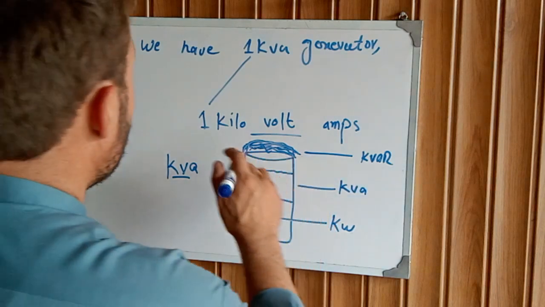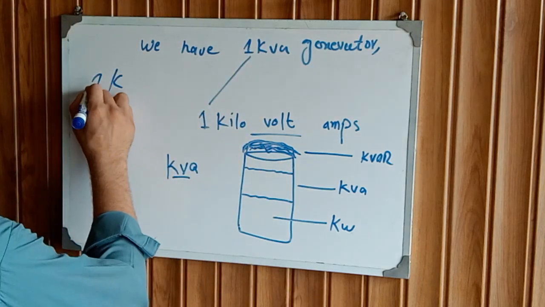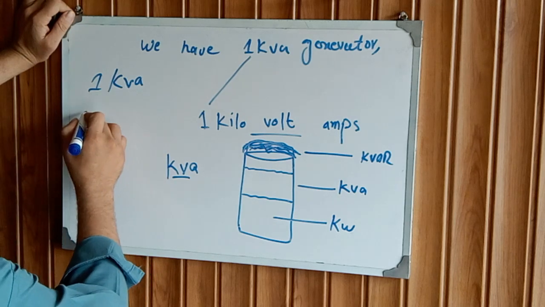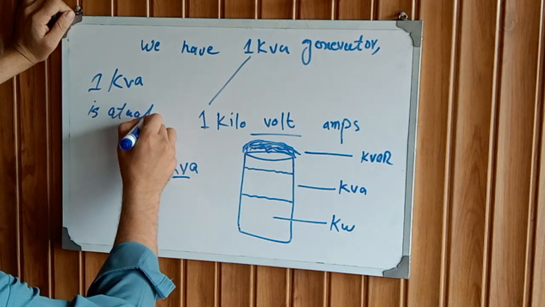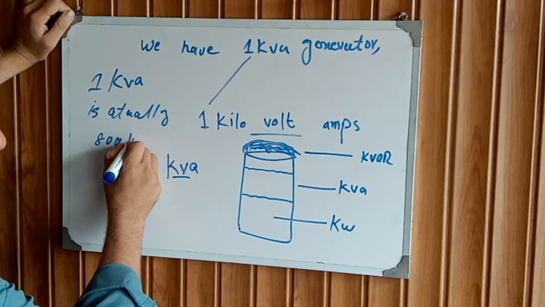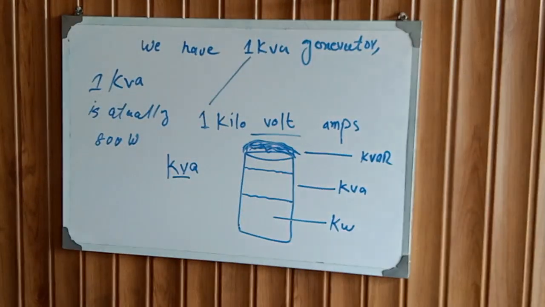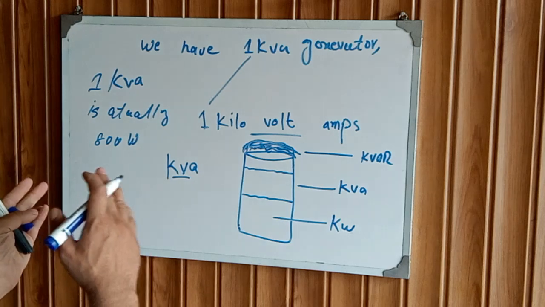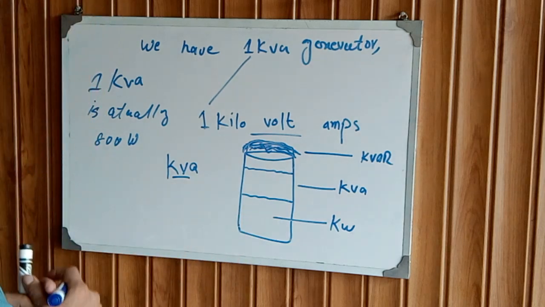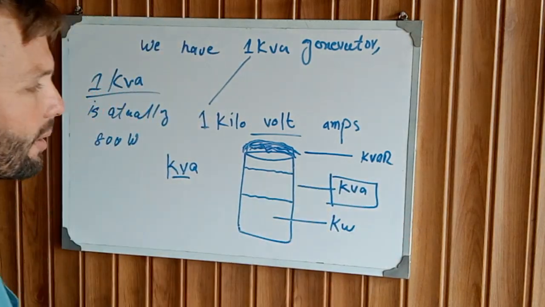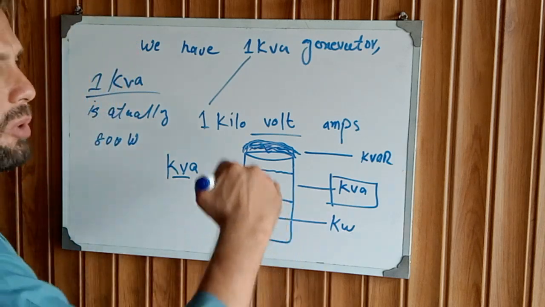A 1 kVA generator is actually 800 watt. The difference between kilowatt and kVA is this: it's not completely pure power, this is only the peak power.